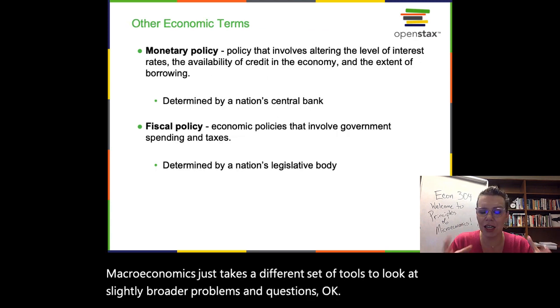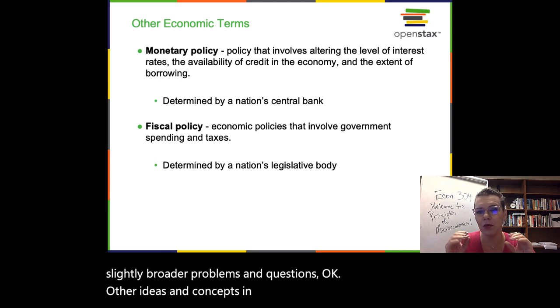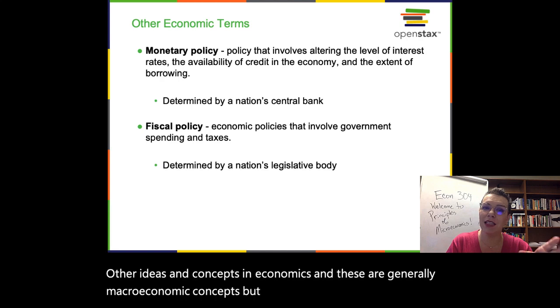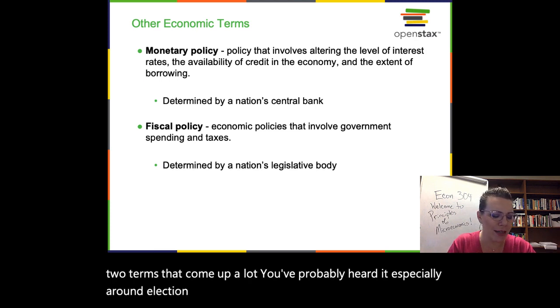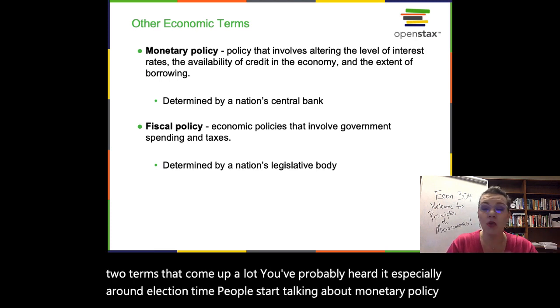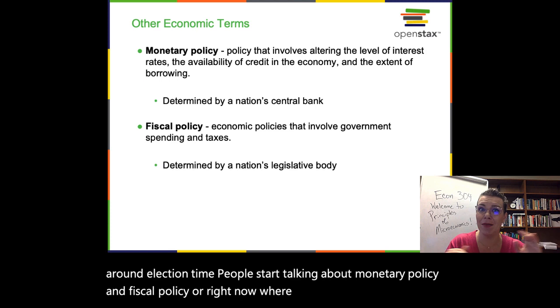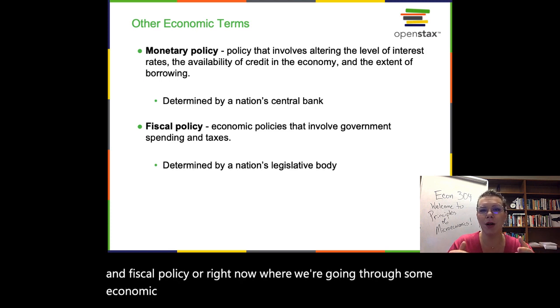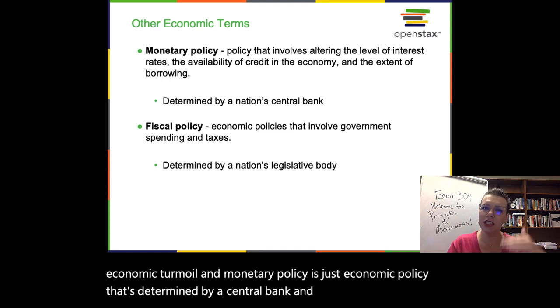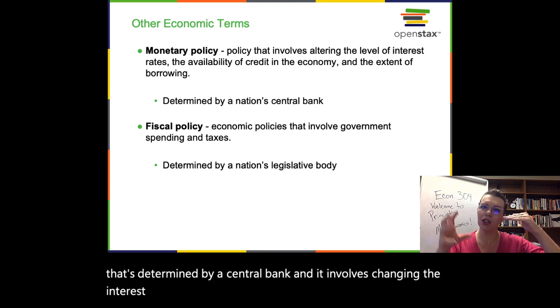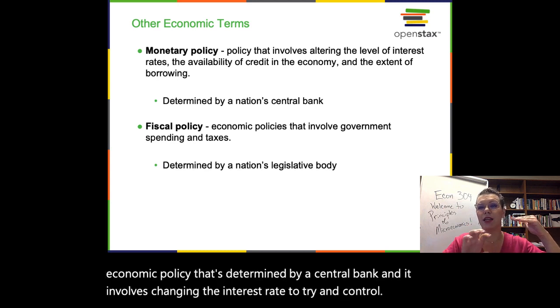Other ideas and concepts in economics, and these are generally macroeconomic concepts, but monetary policy and fiscal policy are two terms that come up a lot. You've probably heard them, especially around election time. People will start talking about monetary policy and fiscal policy, or right now where we're going through some economic turmoil. Monetary policy is just economic policy that's determined by a central bank, and it involves changing the interest rate to try and control the availability of credit in the economy.